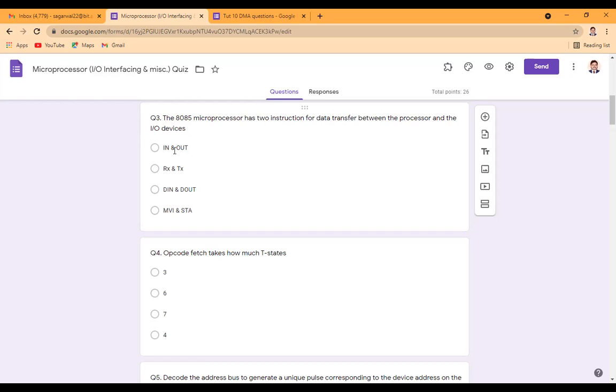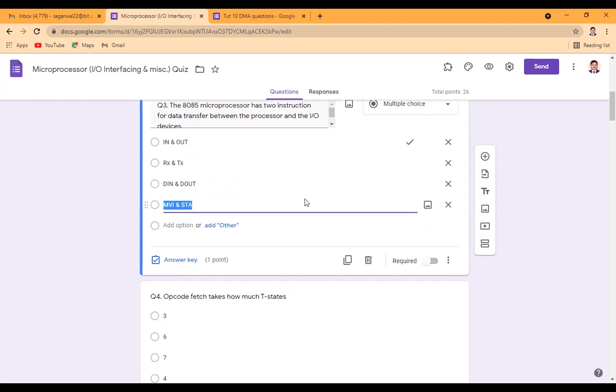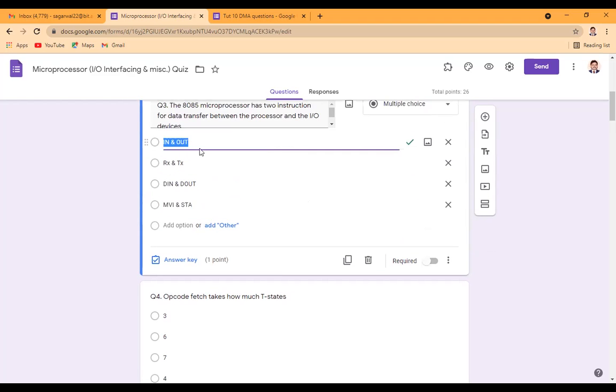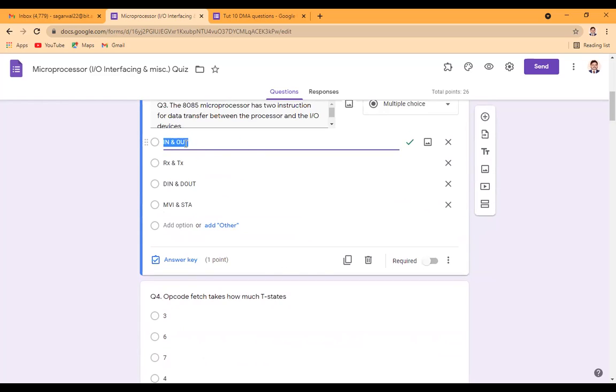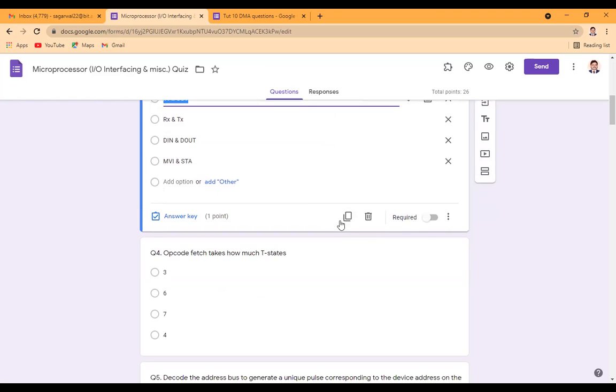So the correct answer is the first one, input-output device. Because the IN instruction is used to read data from the input device for the microprocessor, and the OUT instruction is used to transfer data from the microprocessor to the output device.